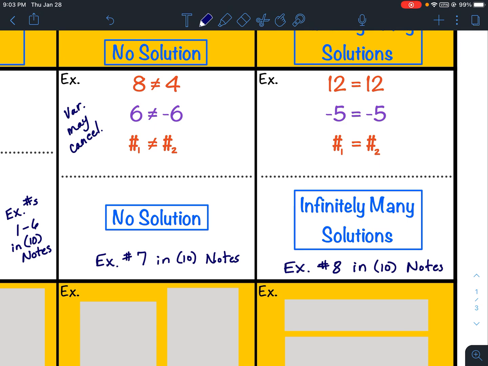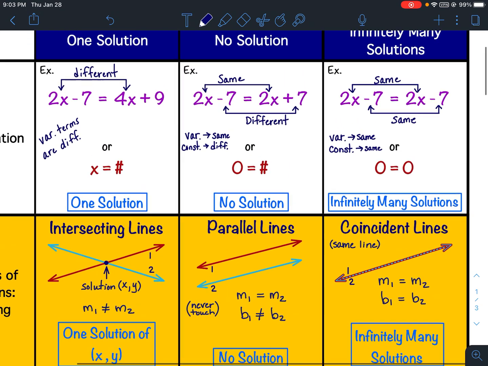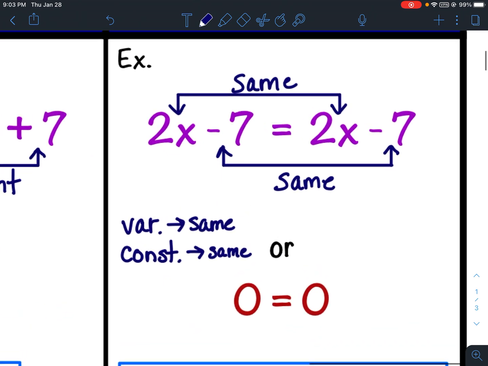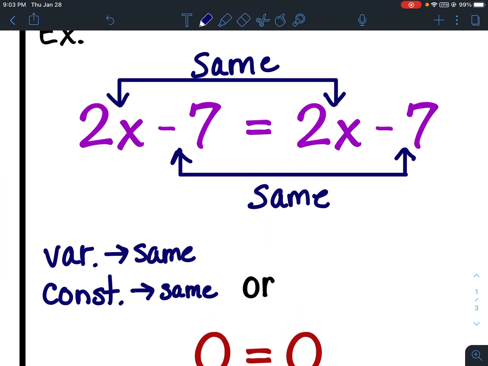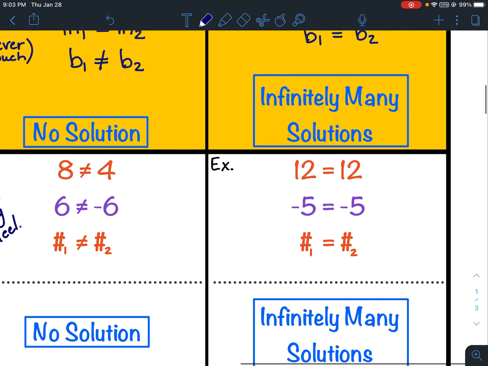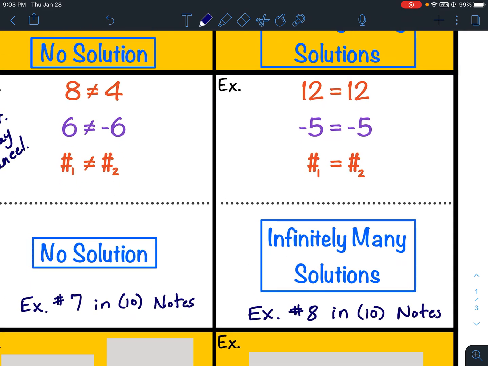So two numbers might be equal to one another, or it could look like this up here, where it's the exact same thing on both sides. For the majority of the time, you'll get two numbers that are equal to one another. But every once in a while, we'll come across a problem where it's the exact same thing on both sides, and therefore making that infinitely many solutions.